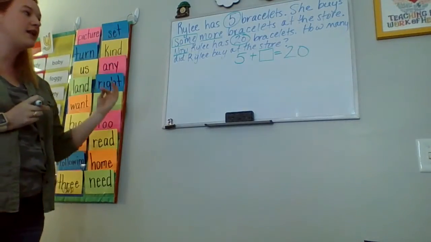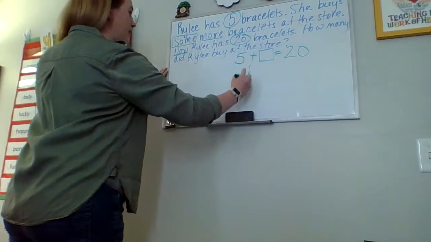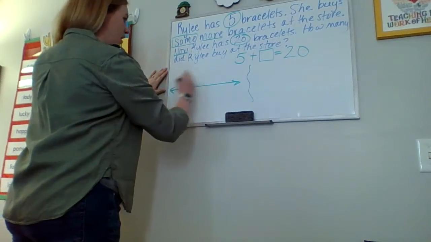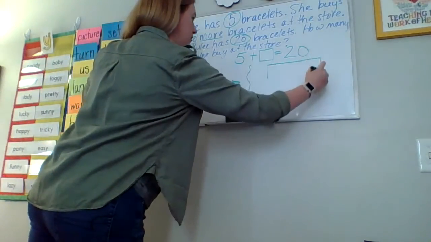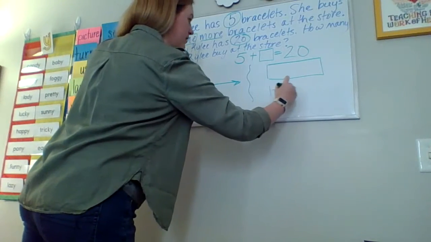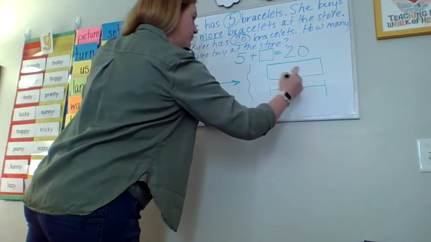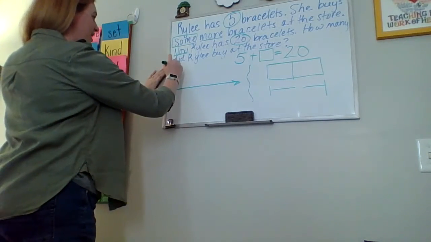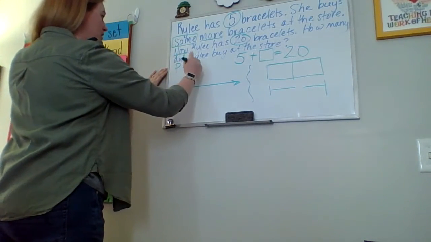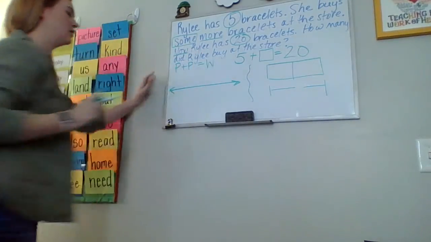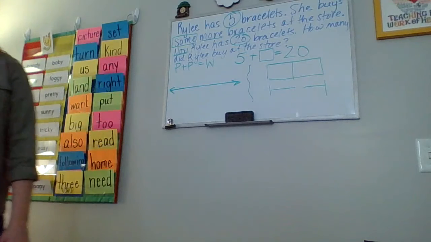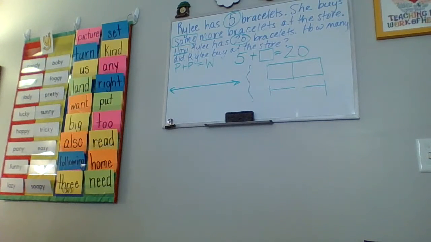So I would like you to use either an open number line or a part whole model. And I apologize for my voice cracking. Okay? So don't forget when you're adding, it's part plus part equals whole. So I would like you to use an open number line or a part whole model to solve.